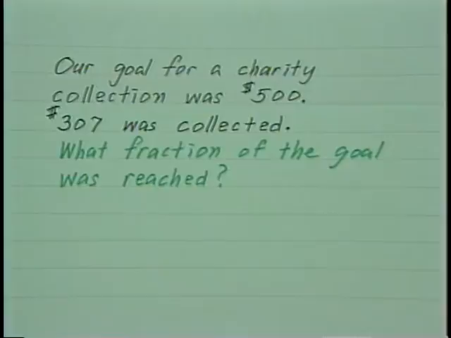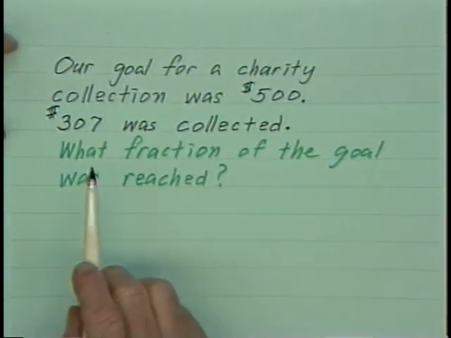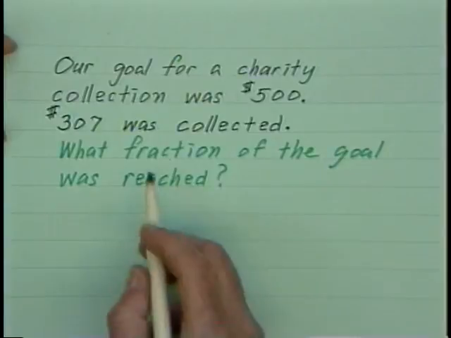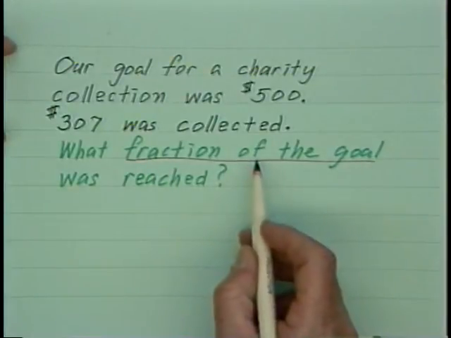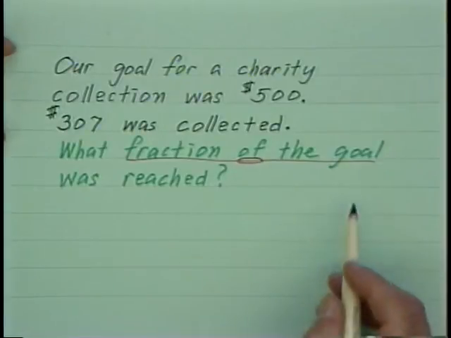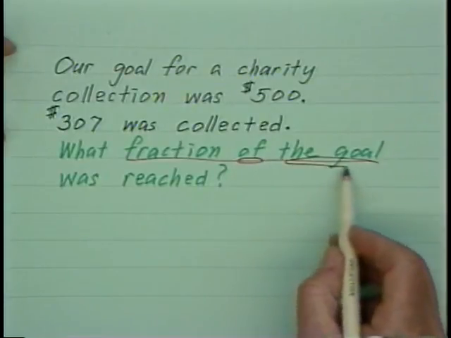Another one. Let's say that our goal for a charity collection was $500. $307 was collected. What fraction of the goal was reached? Now notice that there's sort of a pattern to this. As soon as we want the fraction of a goal, notice that both problems use the word of and a goal.